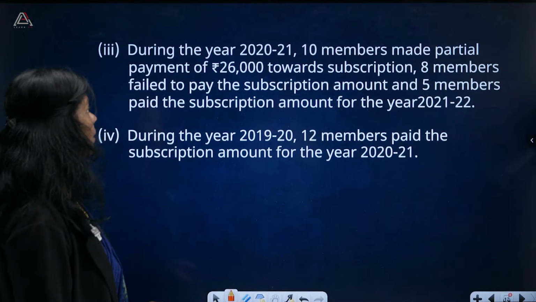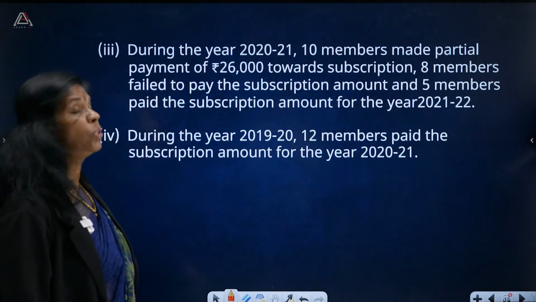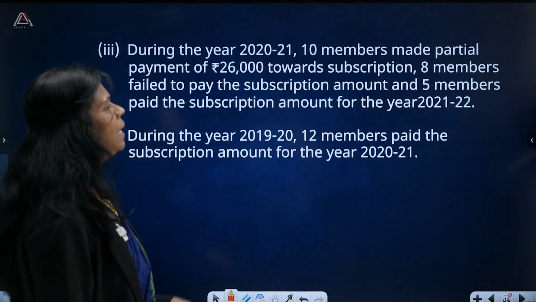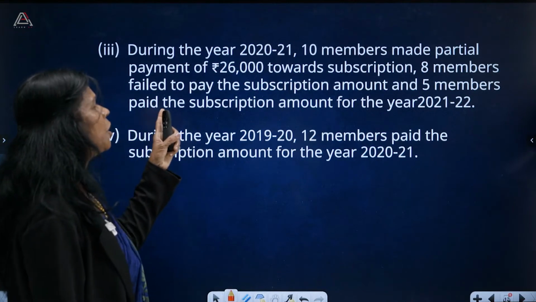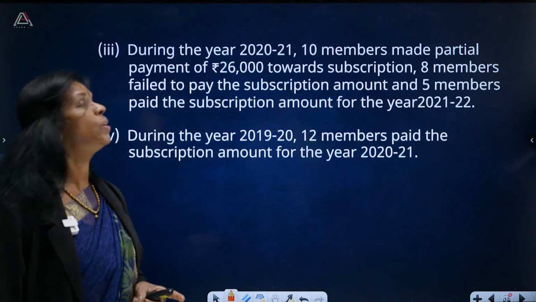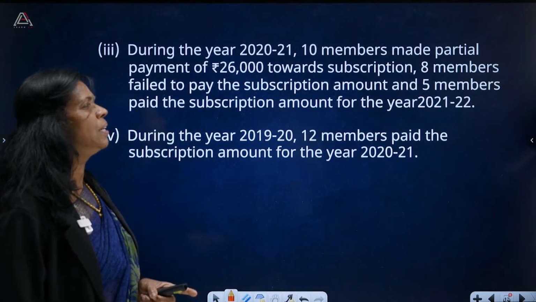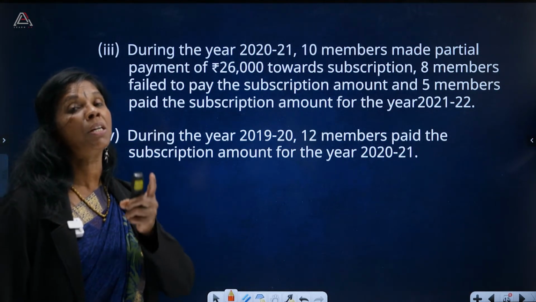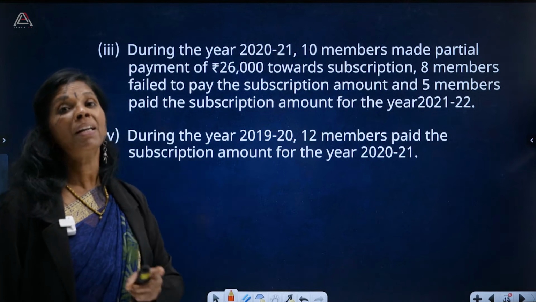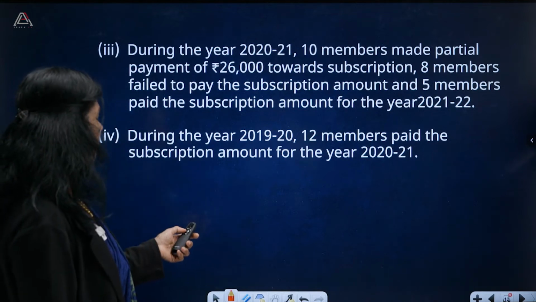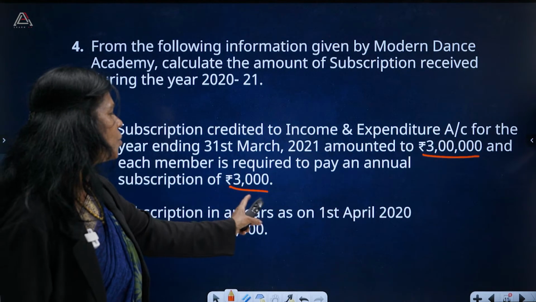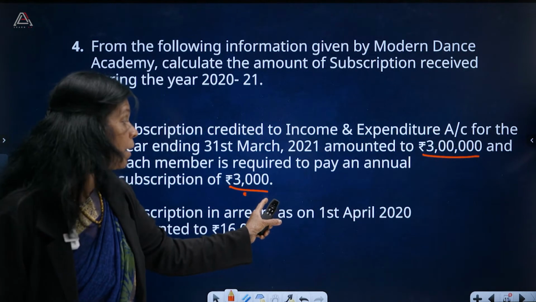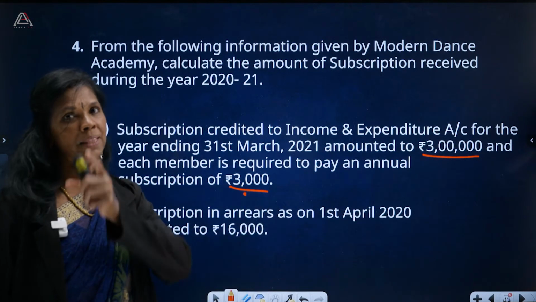16,000. The next one, during the year 2020-21, 10 members made partial payment of rupees 26,000 towards subscription. Actually, how much is the subscription paid by each partner? Just before we find now, how much is the annual subscription, annual contribution each member? 3,000.